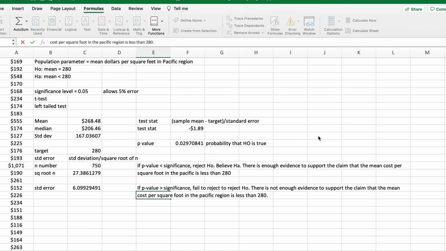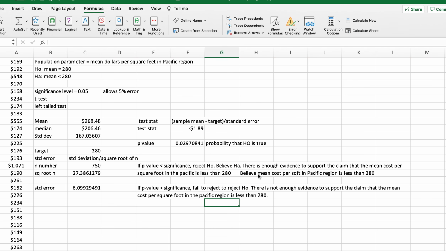Okay, so let's talk about what each of those means. If you reject H0 and believe HA, that means you believe the mean cost per square foot in the Pacific region is less than 280.